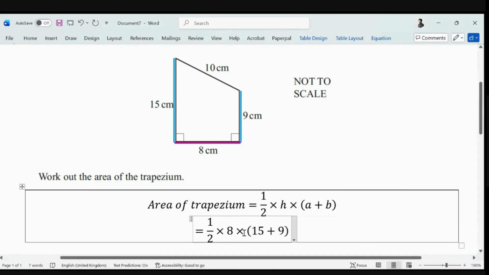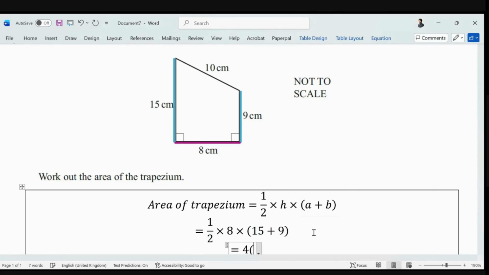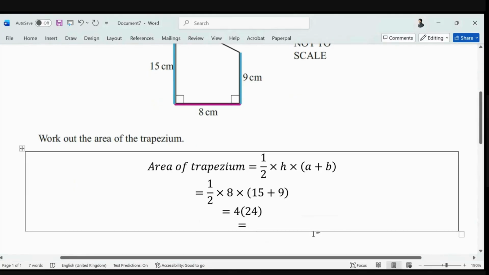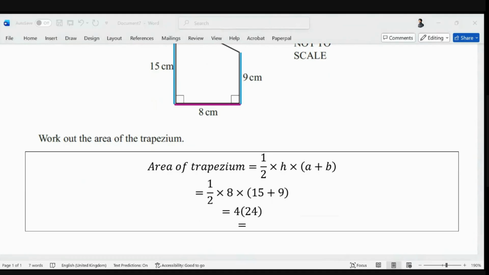Half into 15 plus 9 into 8. You can cancel this 2 and 8. You will be left with 4. 15 plus 9 is 24. Without using your calculator, can you tell me the area that you end up with? Yes.